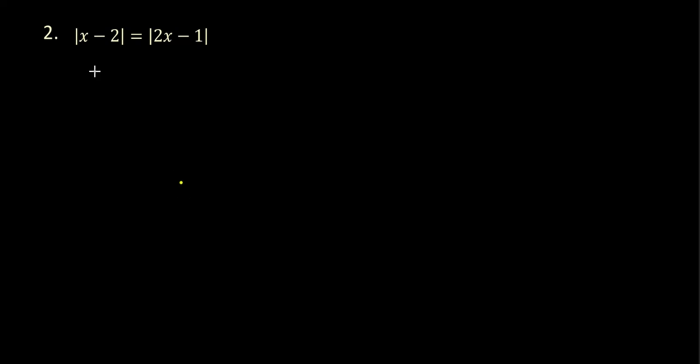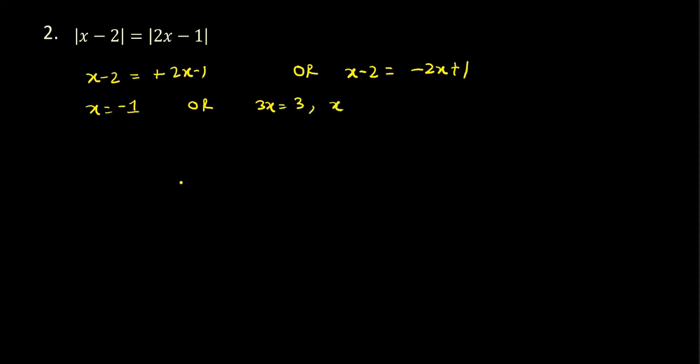So using the basic definition, I can write this as x minus 2 is equal to plus of 2x minus 1, or x minus 2 is equal to minus 2x plus 1, negative of 2x minus 1. Here I will get x as minus 1, and here I will get 3x is equal to 3. That means x is equal to 1. So x equal to plus minus 1, I am getting the solution.